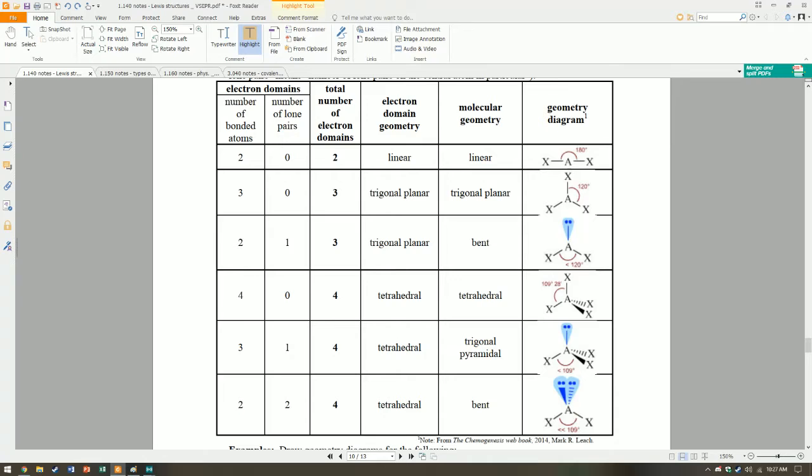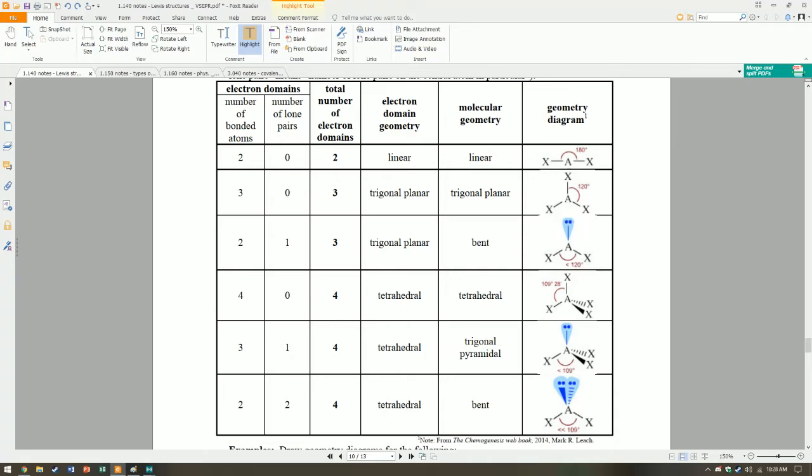And then for three electron domains, we have something known as trigonal planar, where the bond angles are 120 degrees, and it sort of looks like a triangle. That also makes intuitive sense, because if you place three electrons around a proton, they would generally tend to form a triangle. So as you can see here, there's your triangle, and they're 120 degrees away from each other.